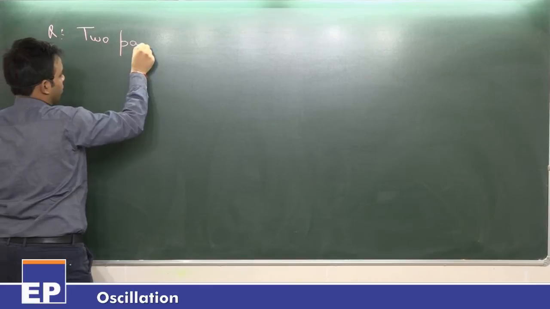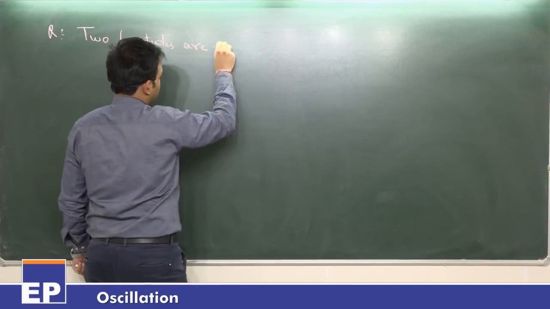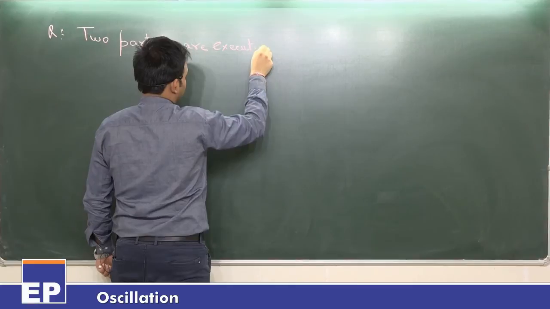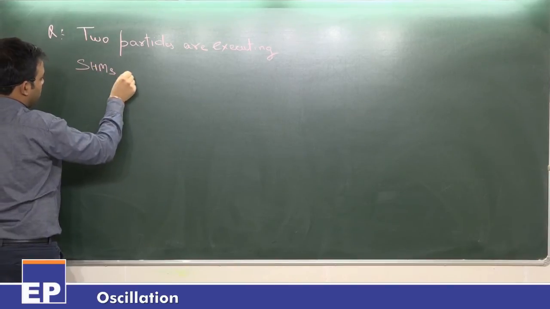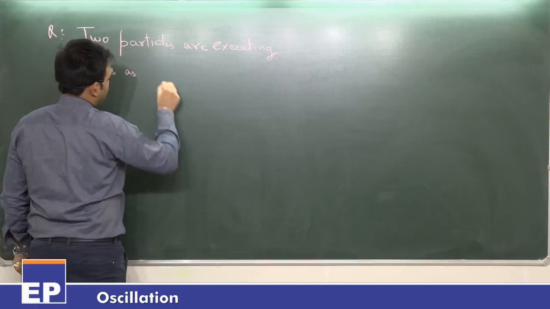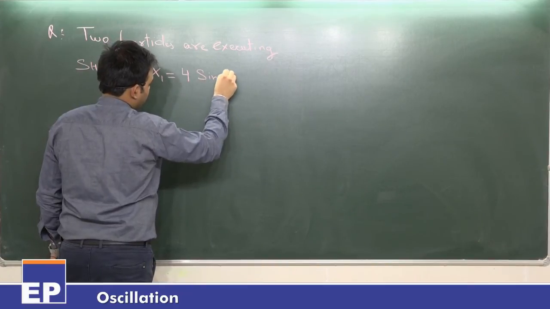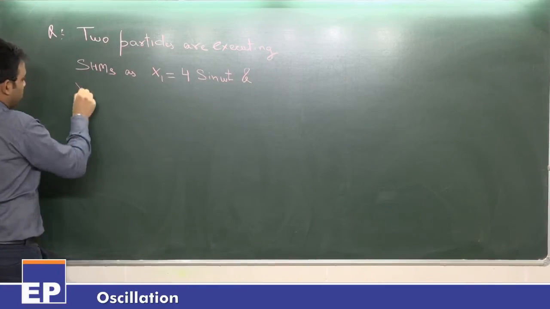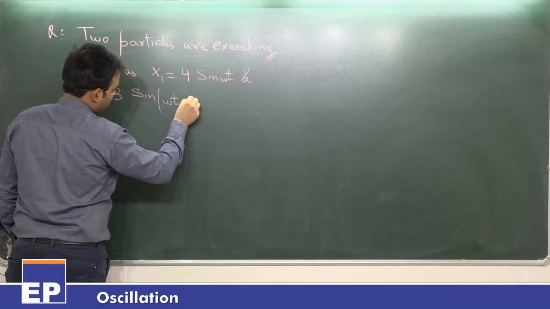Next, two particles are executing SHMs as x1 is equal to 4 sine omega t and x2 is equal to 3 sine omega t plus pi by 6.